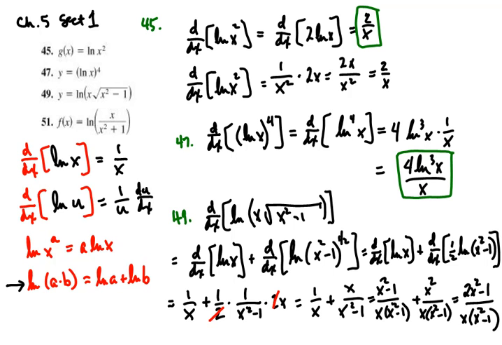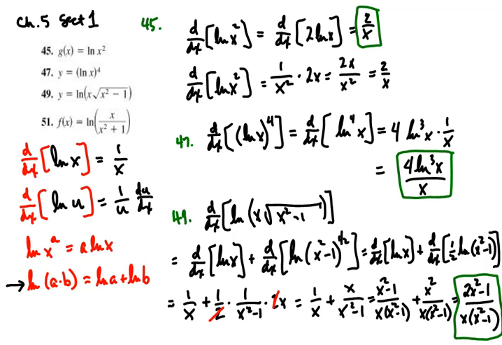Be very, very careful here. None of this cancels. The x's cannot cancel with that x. The 2x squared minus 1 is not the same thing as x squared minus 1. X squared minus 1 is not a factor of that, and so we can't cancel anything further, and that's where we end up. Now again, that end part was all just algebra, but it's something that you can do and you should practice on.